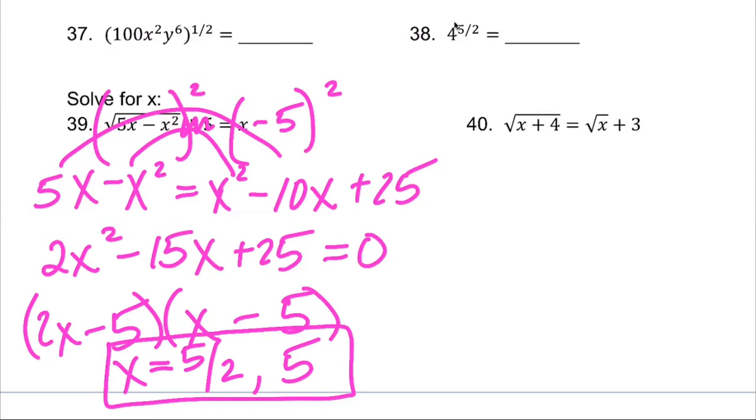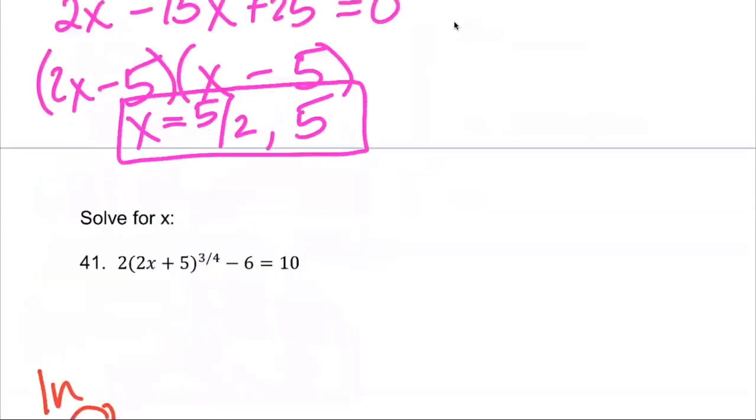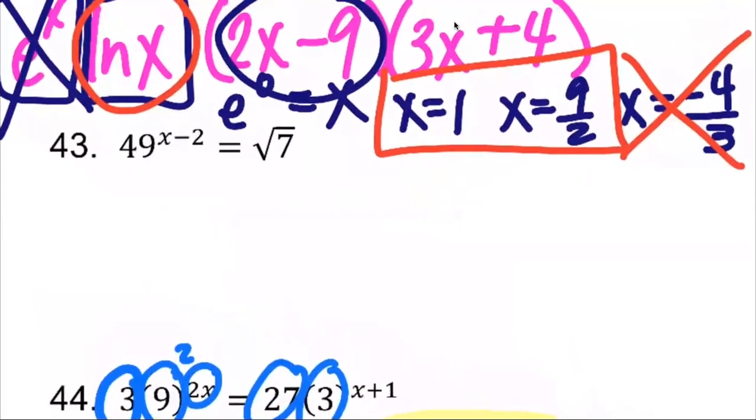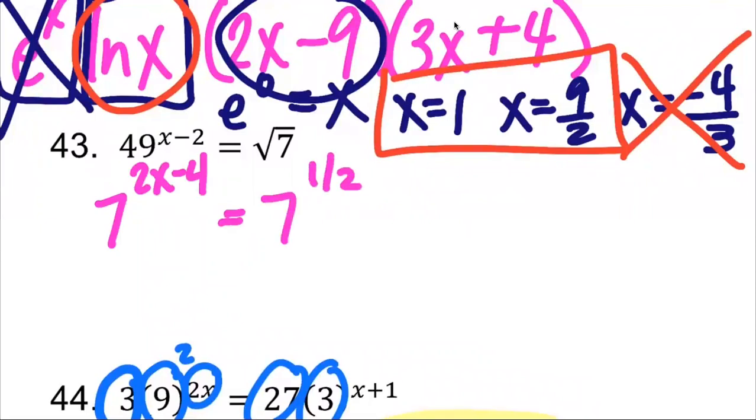On number 43, it said that x equals 1 is one of the answers, and I got the 9/4. I just don't know where the 1 came from. On 43. Yes, ma'am. Okay, so I would say this is 7 to the 2x minus 4. And this would be 7 to the 1/2.